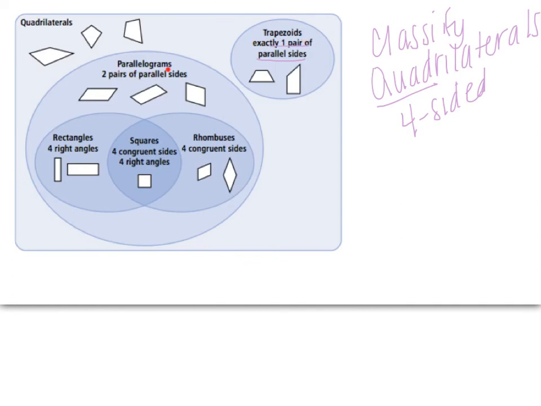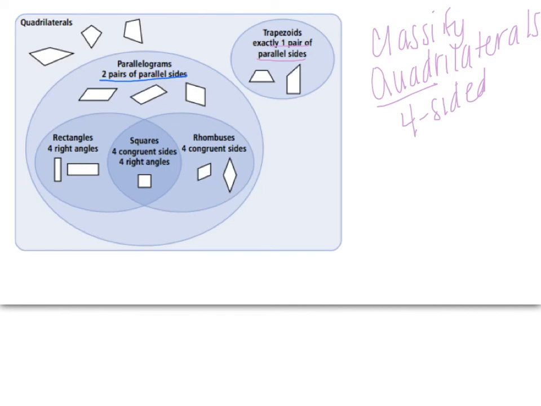The next one is a parallelogram, and that's when you have two pairs of parallel sides. So this top and this bottom are parallel, as well as the sides. That is true for all three of these shapes. So a trapezoid does not classify as a parallelogram.